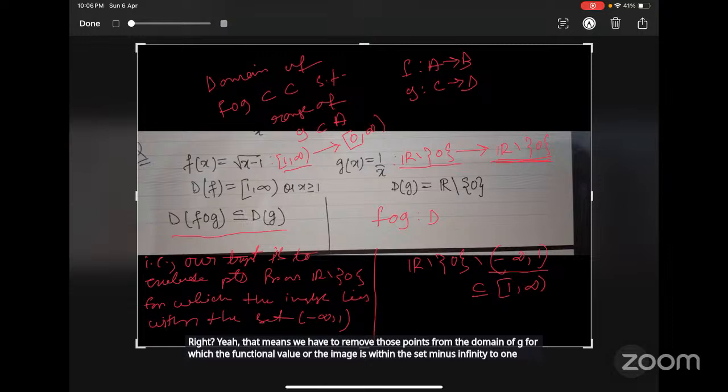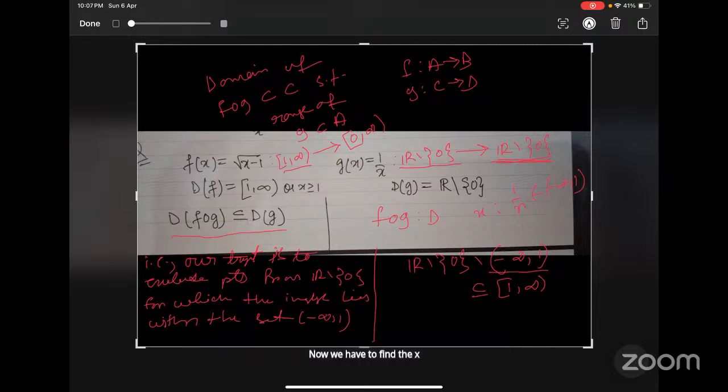That means we have to remove x such that 1 by x belongs to minus infinity to 1. Now we have to find the x such that 1 by x is from minus infinity to 1. So what are the x?